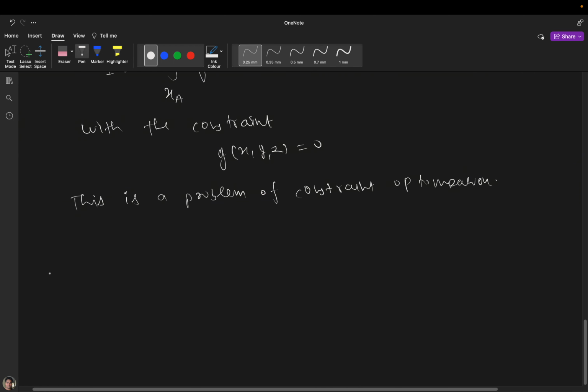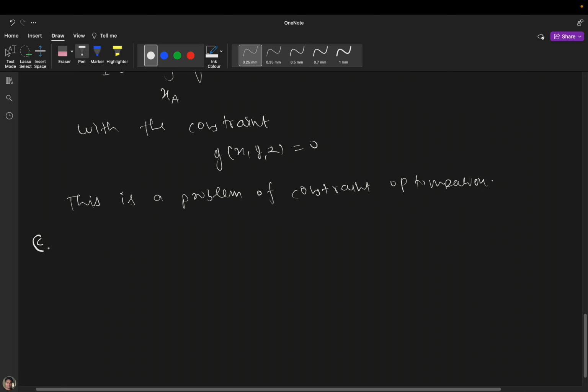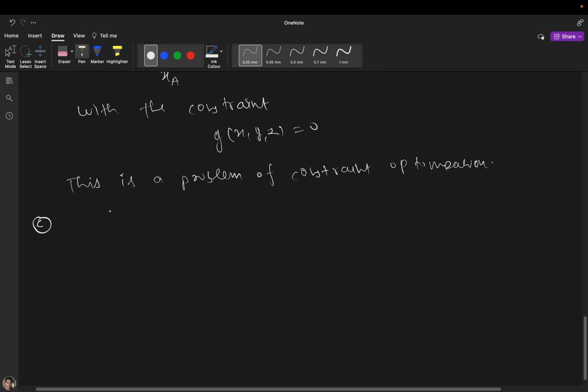There is one more problem which is also very famous and you will see it in the finite element method. This is called the isoparametric problem.